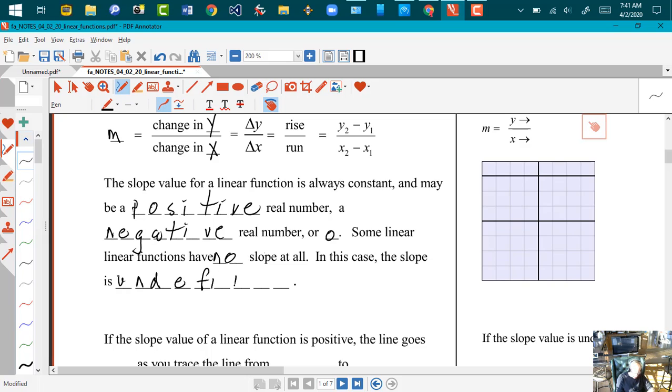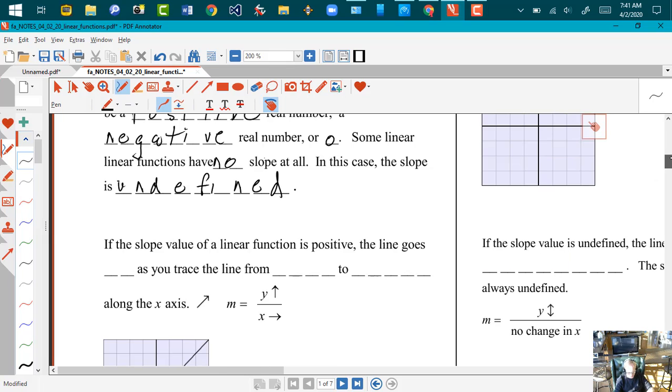The reason it is undefined is that if you use the slope formula, you're going to end up with division by 0, because x doesn't change no matter how much y changes. So the difference between x coordinates for 2 points on the line is always going to be 0. If you try to divide by 0, of course, that's undefined.